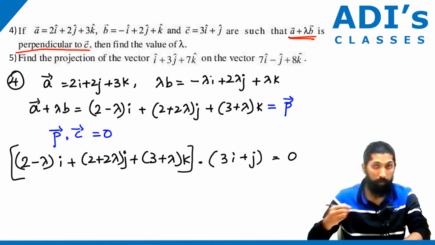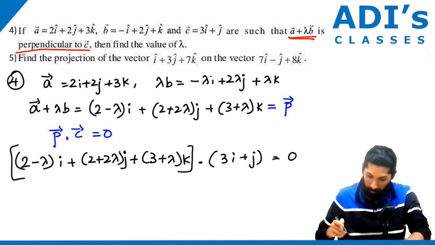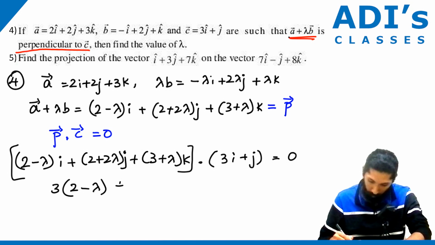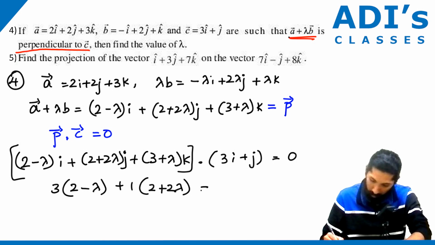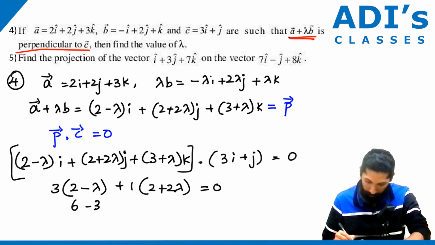Now only i and i, and j and j will multiply, correct? So in this case, 3 into 2 minus lambda plus 1 into 2 plus 2 lambda is equal to 0. So you get 6 minus 3 lambda plus 2 plus 2 lambda is equal to 0.